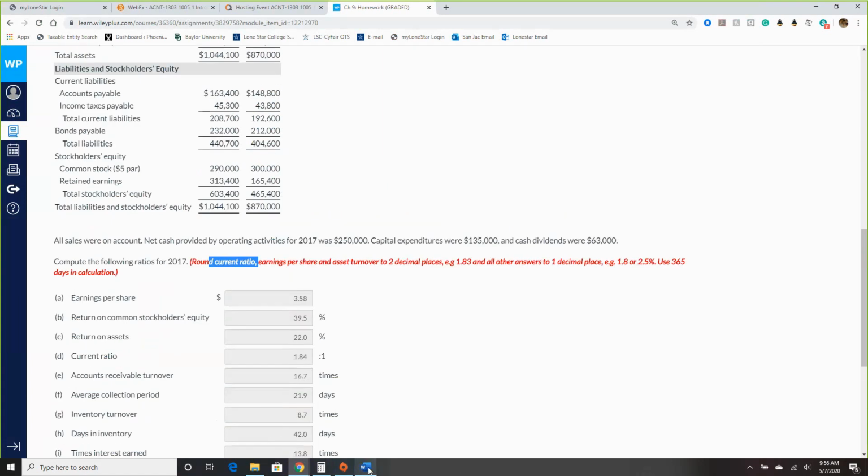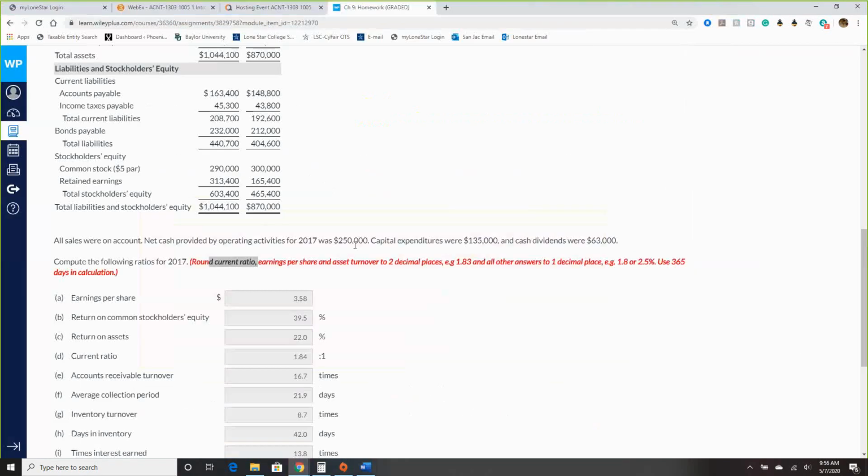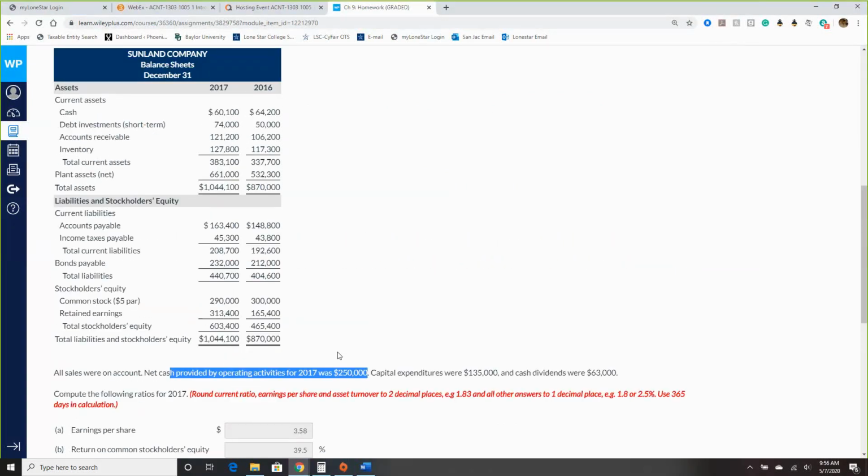Let's see how they got that net credit sales. That's my interesting thing here, because they do give us cash provided by operating activities. And then I didn't read: all sales are on account.